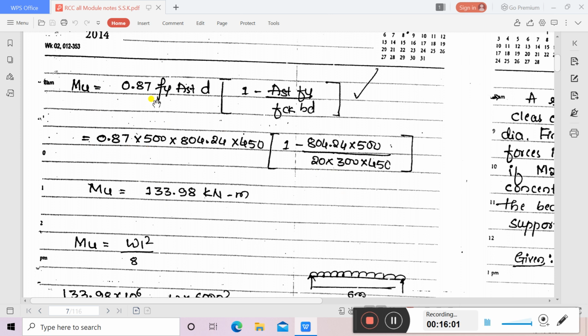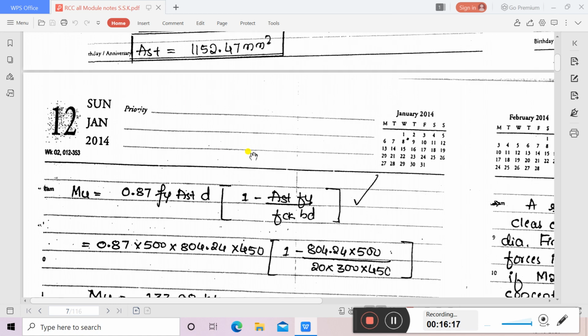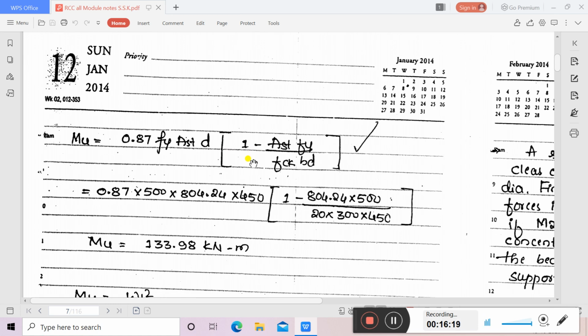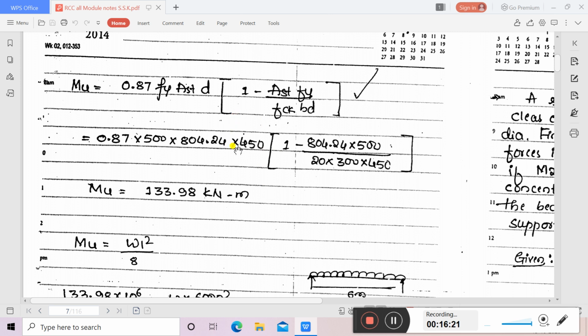So here it is 0.87. Fy is 500, given in the problem, and Ast is 804.24, and d is 450 because the overall depth is 500 minus cover, giving small d of 450 mm, into bracket 1 minus Ast, again 804.24, into Fy, the grade of steel, divided by fck, which is 20 Newton per mm square.